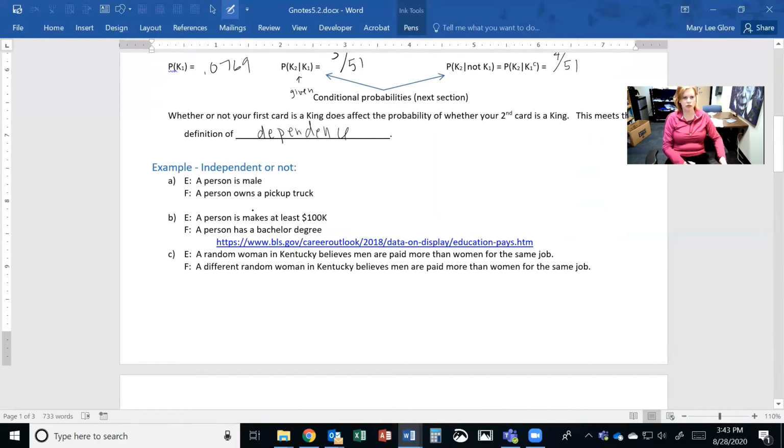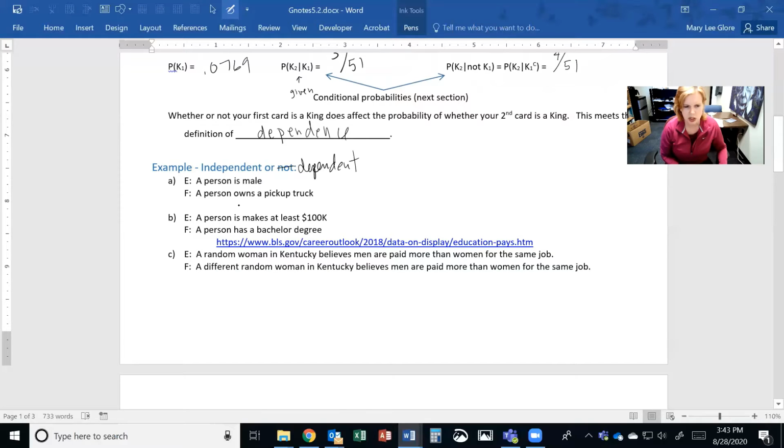All right, so let's look at some events and decide whether they're independent or dependent. Here is a couple of events. My first event, E, is that a person is male. The second one is that the person owns a pickup truck. Are these independent or dependent? Does the probability of the second event depend on the first event?